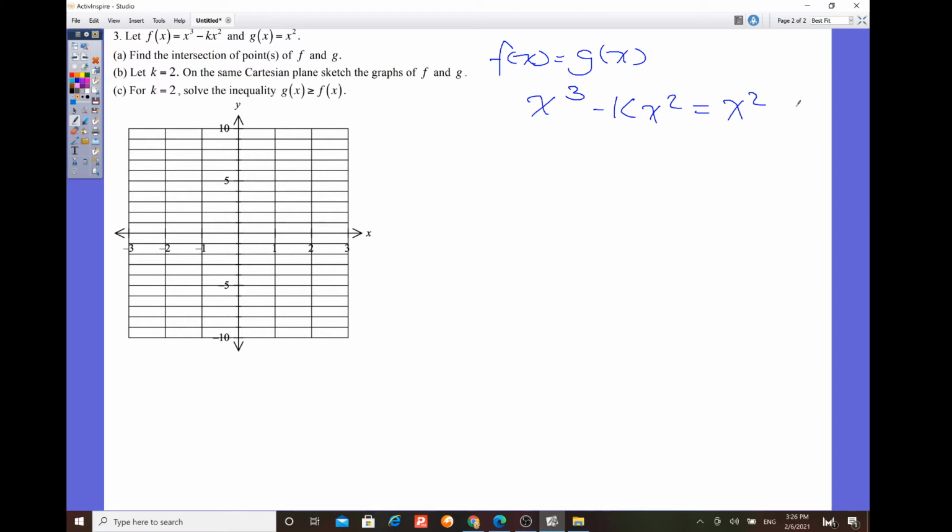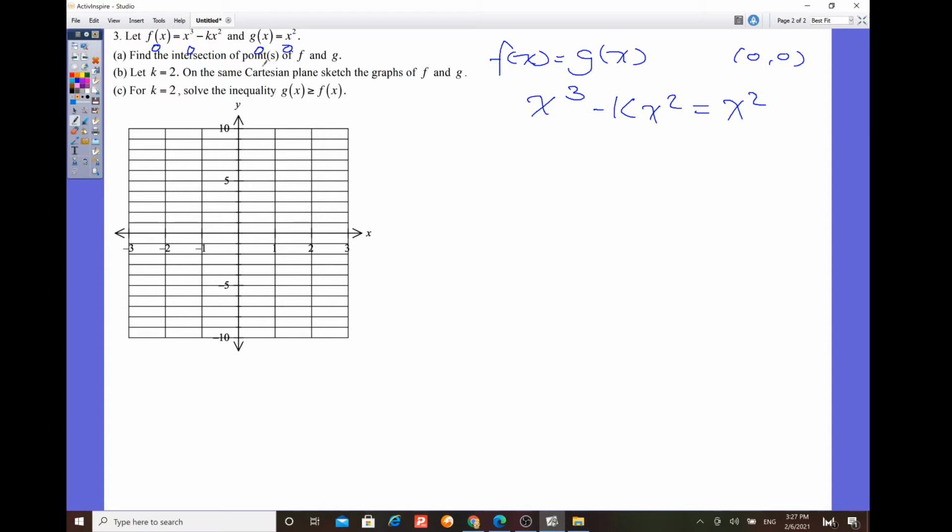Since they both share the exact same y-intercept, when you plug in 0 for x, y equals 0, and when you plug in 0 for g of x, y also is 0. So 0, 0 is considered one of the points of intersection.